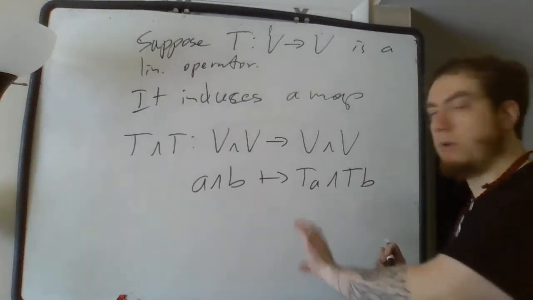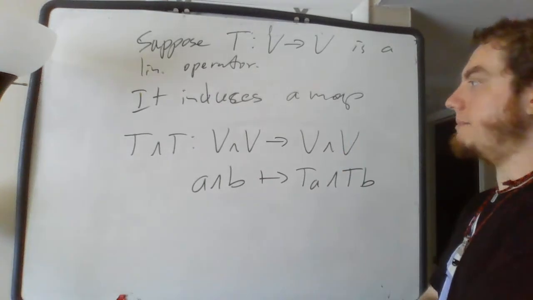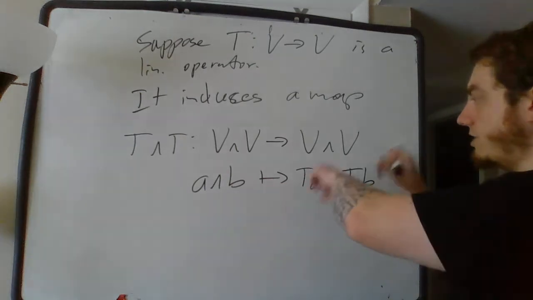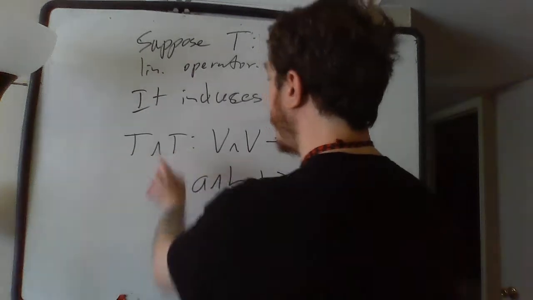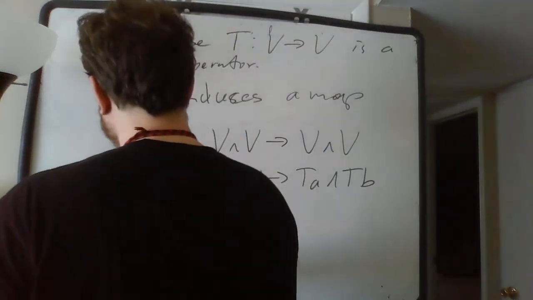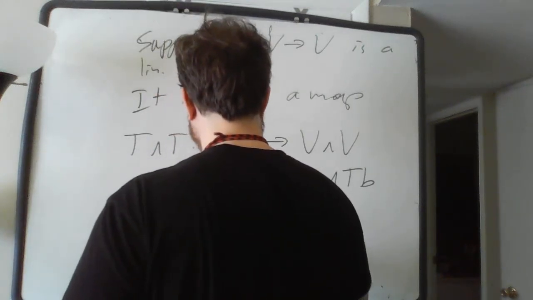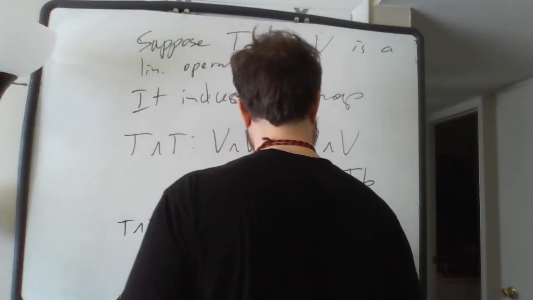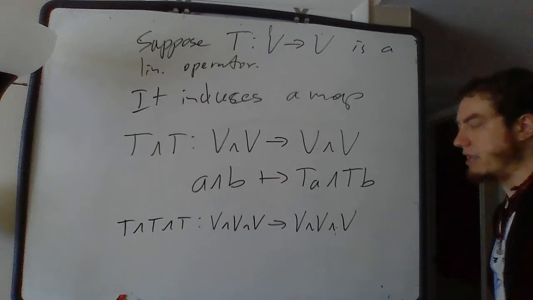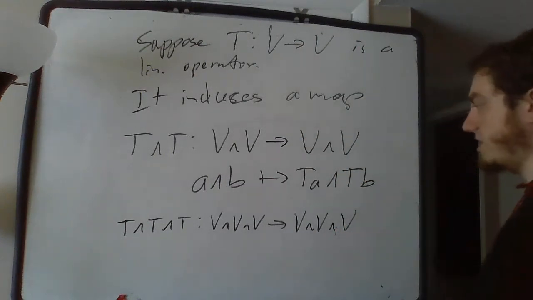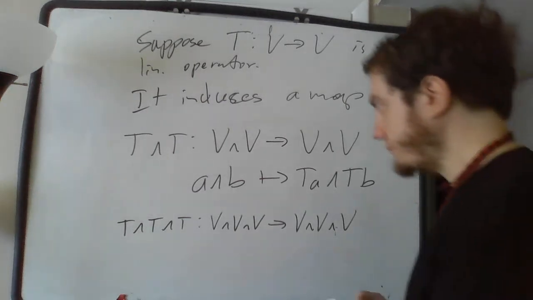There's no ambiguity, there's no way that you can get some kind of confusing or contradictory definition here. And in the same way, we could define T wedge T wedge T, which is going to take V wedge V wedge V to V wedge V wedge V. Sorry, my wedges are getting kind of messy here because having to write wedge over and over again gets monotonous.